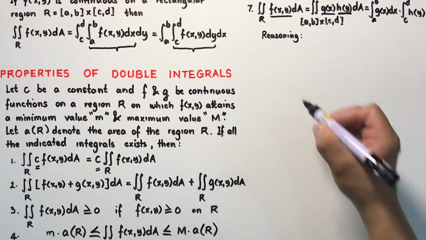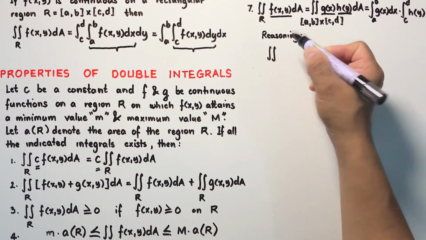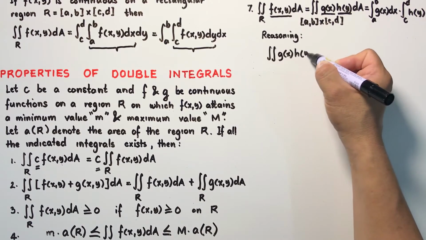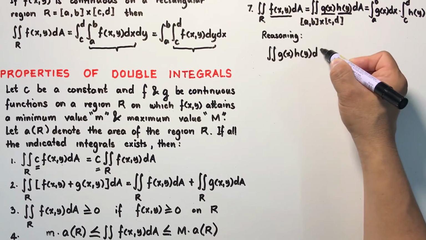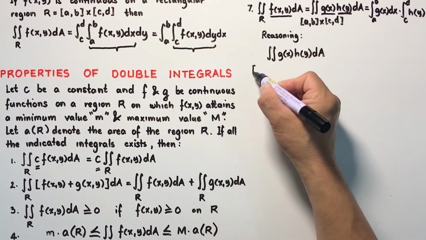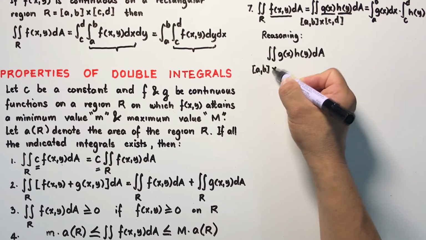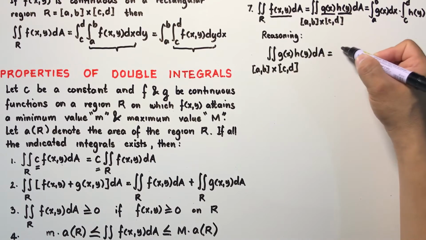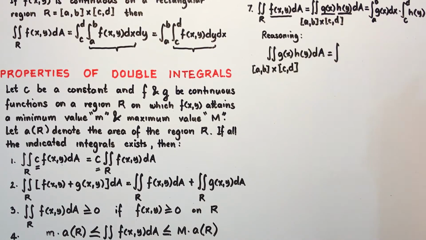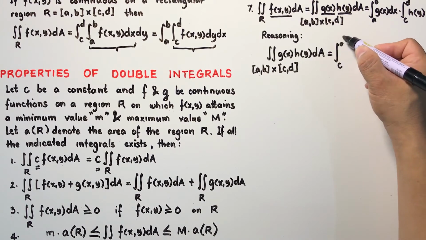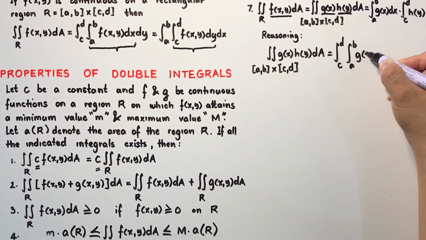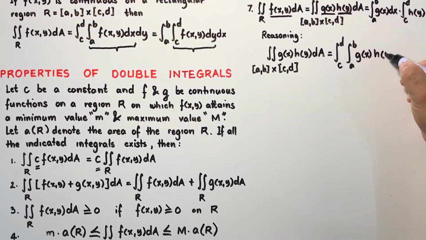Our reasoning here is that if we can factor f as a product of two functions, wherein the first function is in terms of x and the second function is in terms of y, over a region [a,b] cross [c,d], then this is equal to the iterated integral from c to d of the integral from a to b of g of x h of y dx dy.